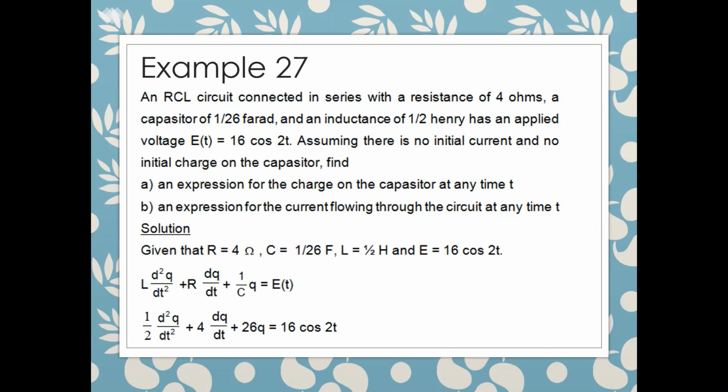Substitute the information of R, C, L, and E into the equation of Kirchhoff's loop law. You will obtain the equation 1 over 2 multiplied with d squared q over dt squared plus 4 multiplied with dq over dt plus 26q equal to 16 cos 2t.